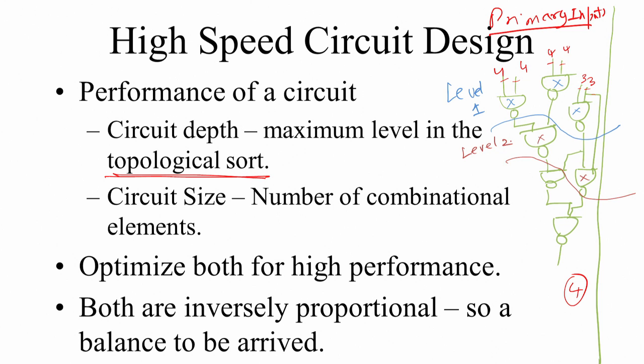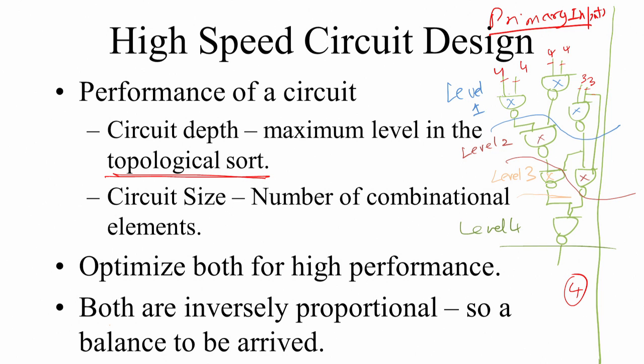When I remove all the level 2 gates, note that this gate becomes inputless, only this gate. Still this gate has one input here. So, this becomes level 3 and finally this becomes level 4 when I remove the level 3 gate.